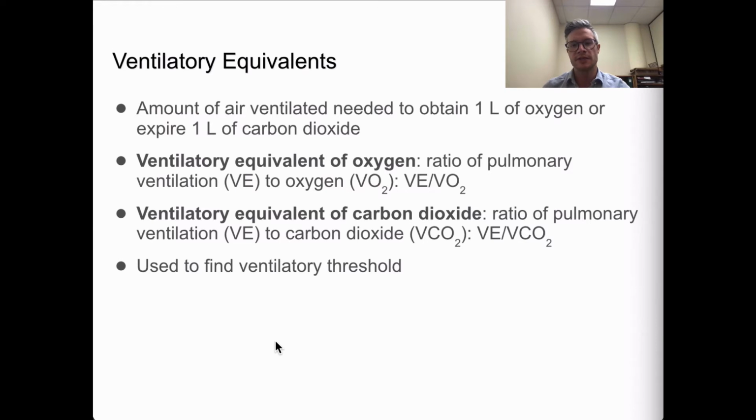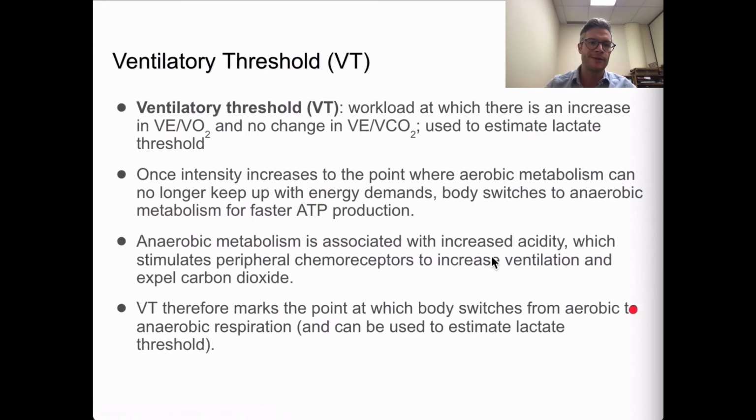Now, what is the ventilatory threshold? Happy you asked. It's the workload at which there is an increase in the ventilatory equivalent of oxygen and no change in the ventilatory equivalent of carbon dioxide. We can use this to estimate our lactate threshold.